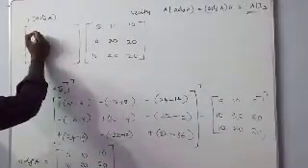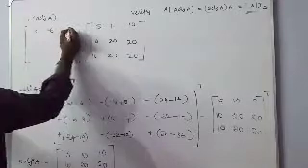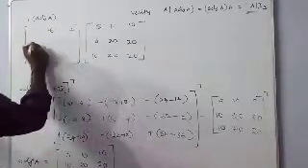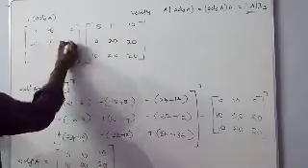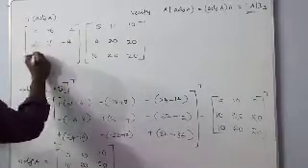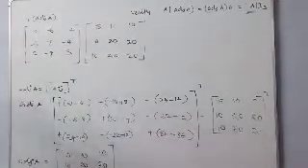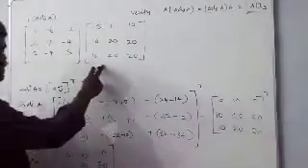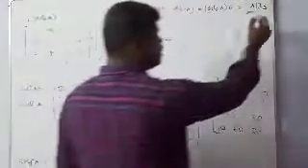So now we write the A matrix. A matrix is what? 8 minus 6 2 and minus 6 7 minus 4 and 2 minus 4 3. Now we want to multiply this, but you don't need multiply this value, because what be the value?